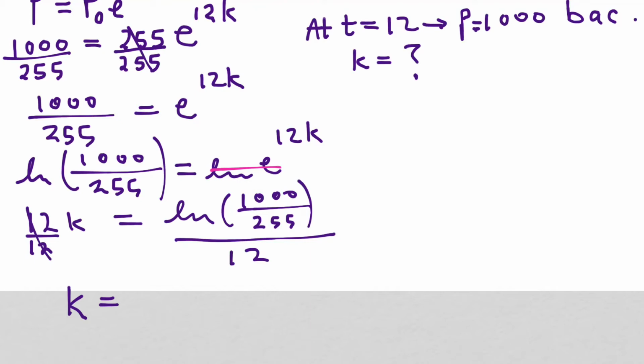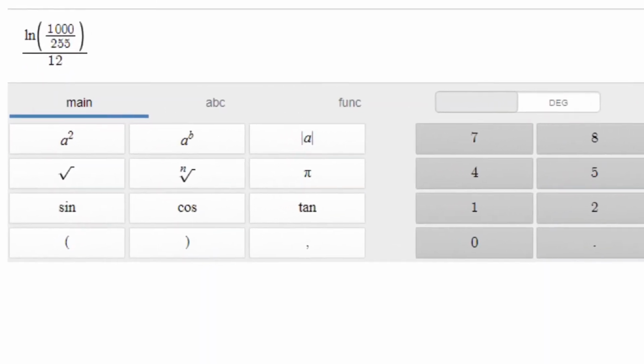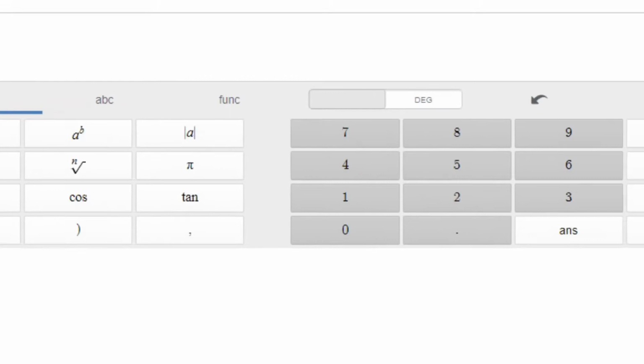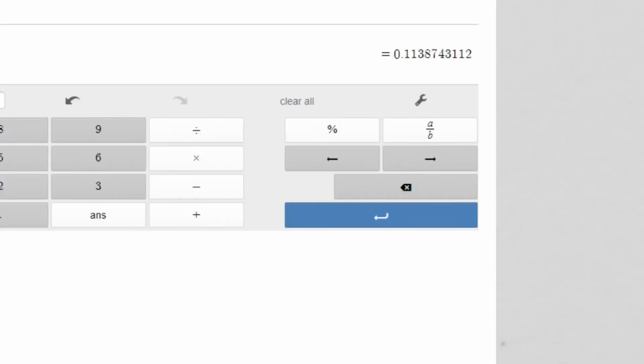So instead of getting a decimal approximation in the numerator and then dividing it by 12, you can get a more accurate answer by putting this whole thing in at once. Then you don't have compounded rounding errors. So you would type it in all at once like that in Desmos Scientific, and you get an answer of 0.11387.